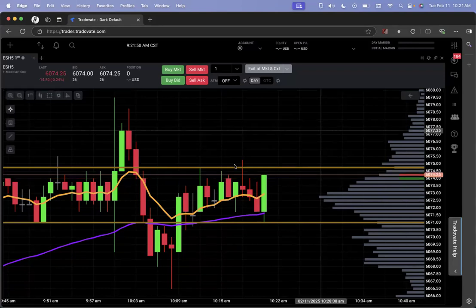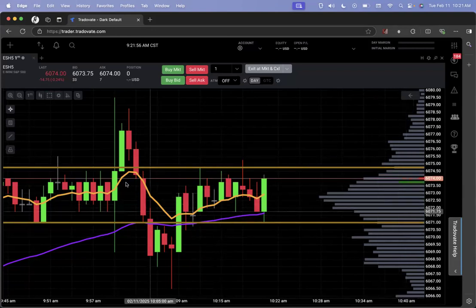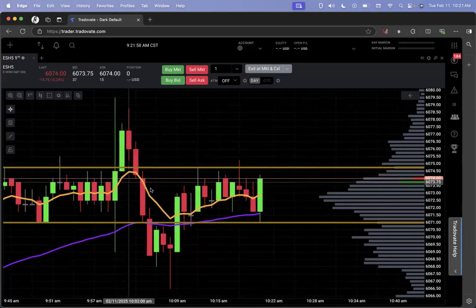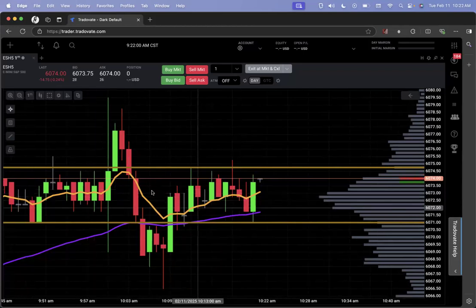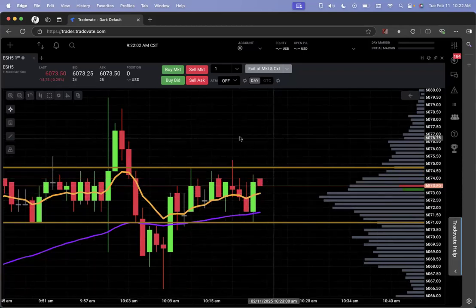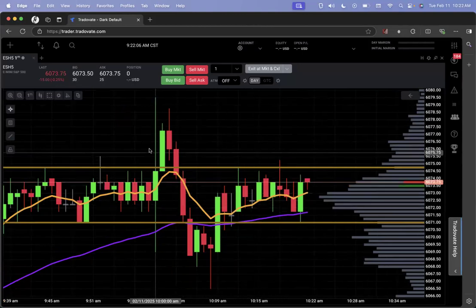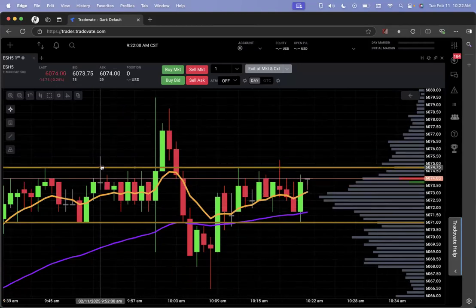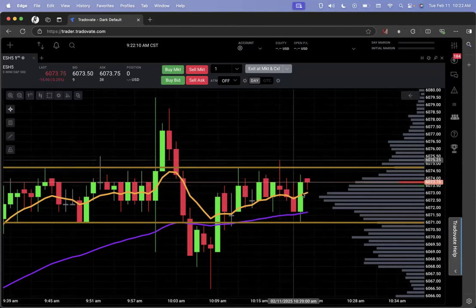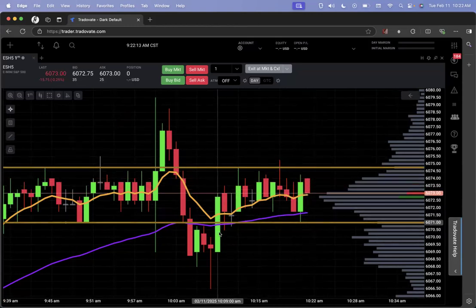All right. So again, right now we're between pretty much 60-70 and 60-75. We're back in the zone. We talked about this, right? We talked about the idea of having your levels within the market and keeping them there so that we can have an idea as far as what's happening.